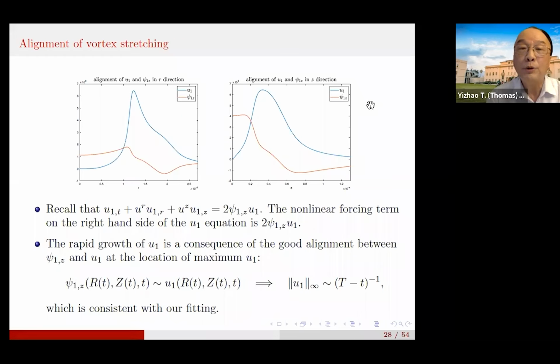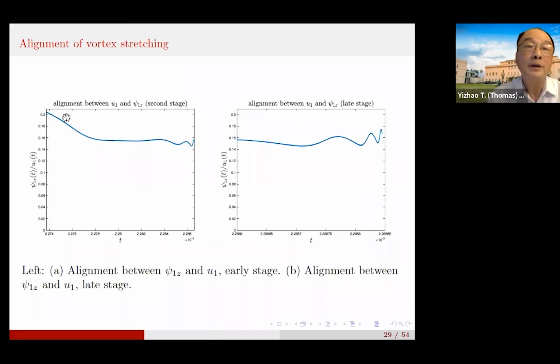So you can see the nonlinear vortex alignment, U1 versus the derivative in Z. For the Euler equation, you get a sharp gradient here, but now with Navier-Stokes, you get a regularized version. Because of the viscous regularization, the alignment stays strong in time for longer, right? So this is the vortex line alignment. We track the value at the position of maximum U1, and take the ratio.